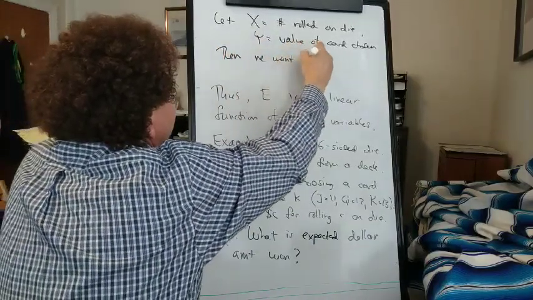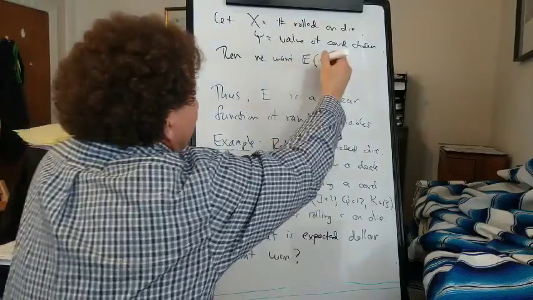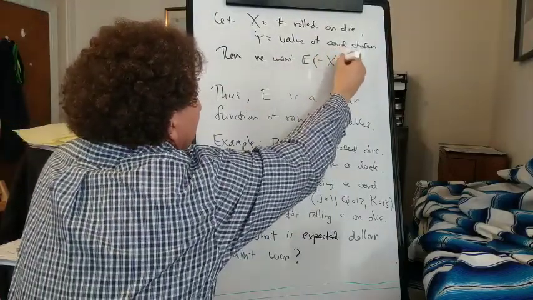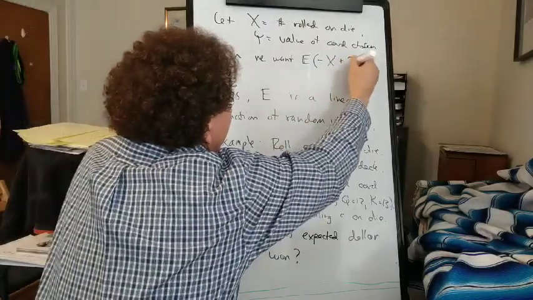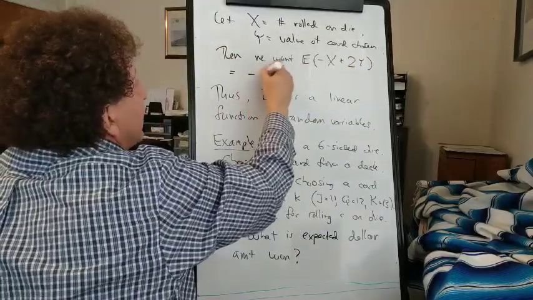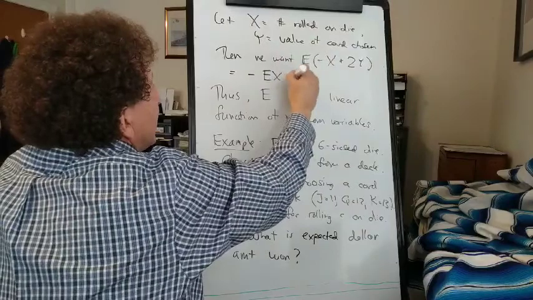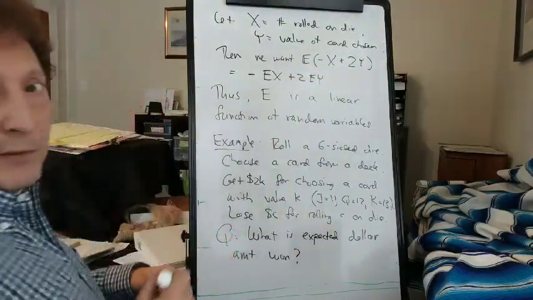Then we want the expected value of negative the number rolled on the die, and 2 times the value of the card. So this is just minus the expected value of x plus 2 times the expected value of y, because expected value is linear.